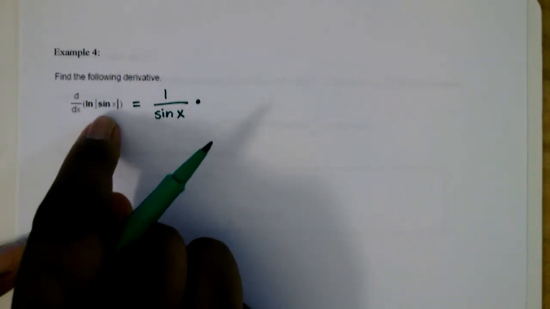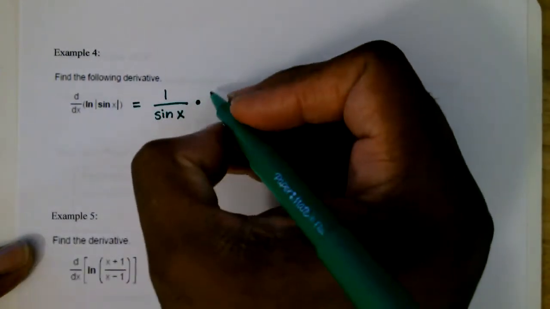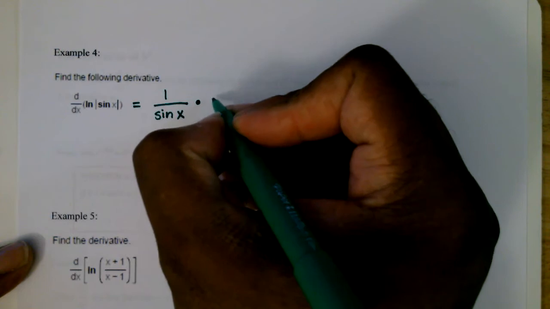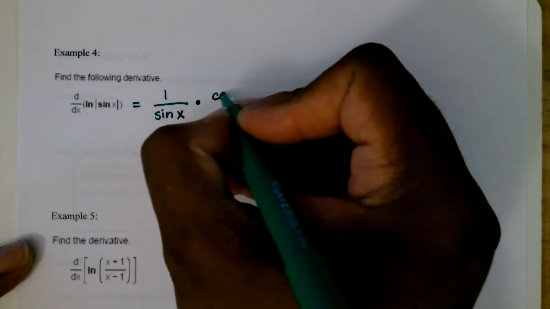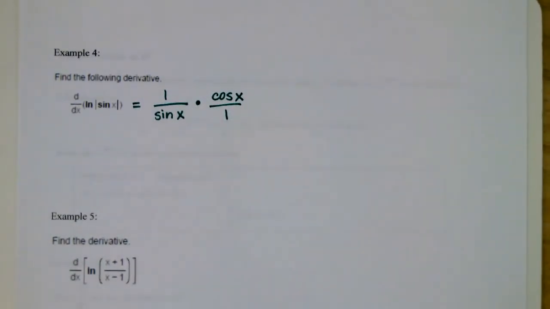But we've got to multiply that by the derivative of sine of x. The derivative of sine of x, that's one of your 6 trigonometric functions here. The derivative of the sine of x would be cosine of x. And this is going to be over 1, by the way.